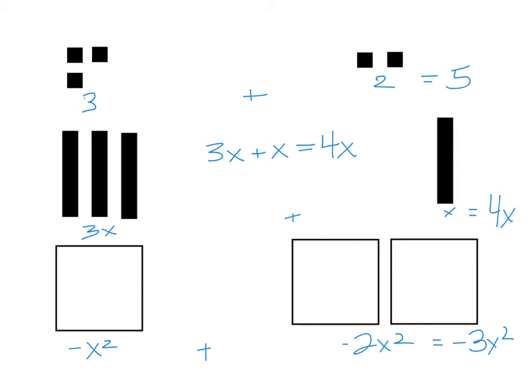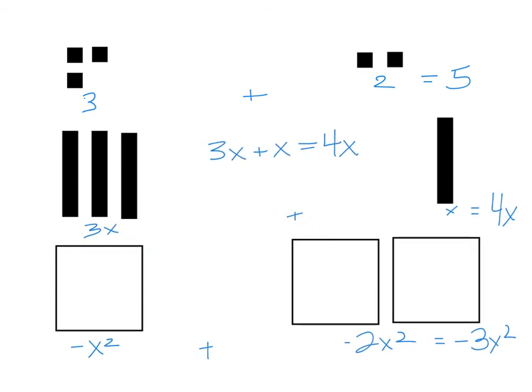For example, let's say I added to this equation that I have here. So this one I have here, negative 3x squared. If I were to add, it won't let me move that, so I'll have to add another one. So you can see now I've added a positive x. So this is no longer just negative 3x squared.